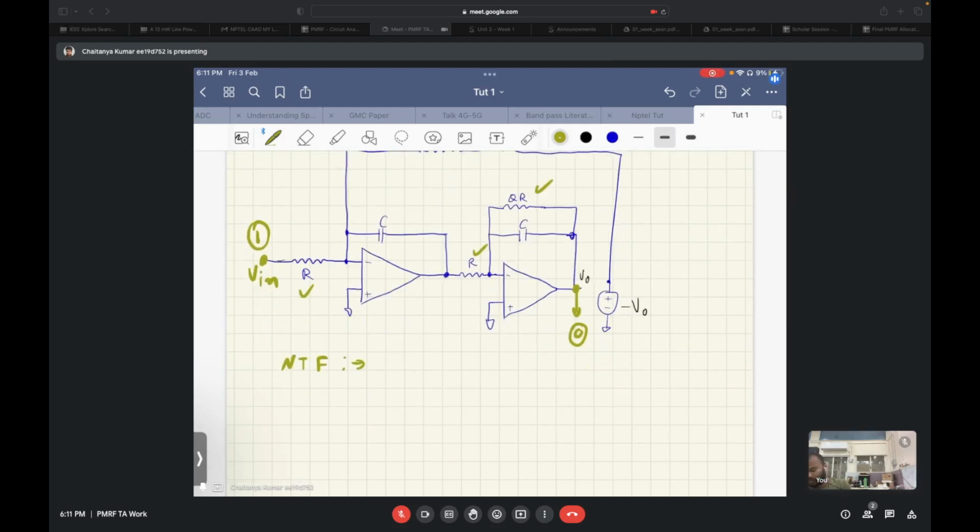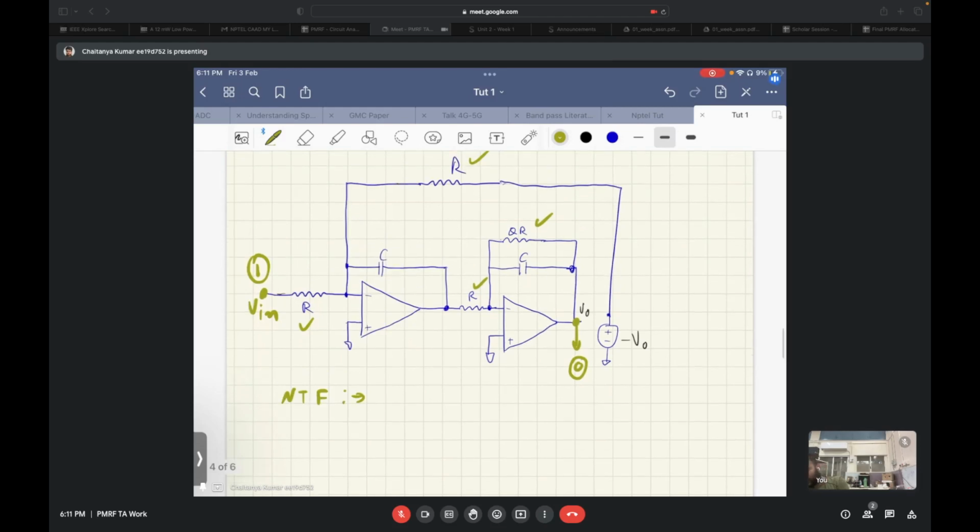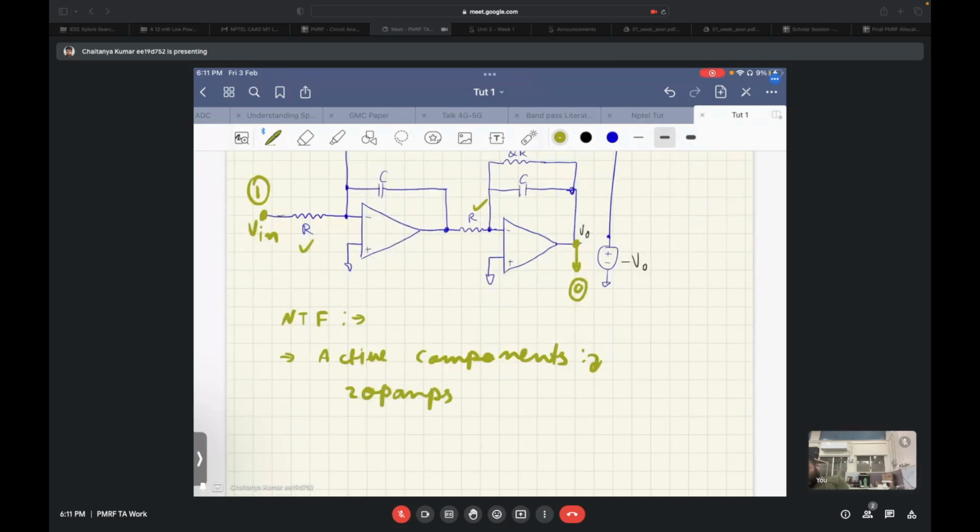Now this circuit has active components. What active components does the circuit have? There are two op amps and one voltage controlled voltage source.